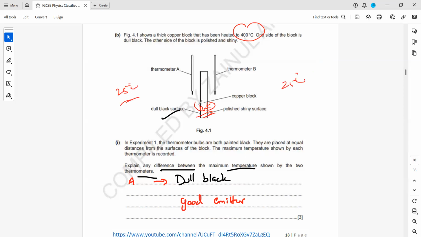Heat energy always transfers from a hot object to a cold object. In this case, because it is already hot, we are not supposed to mention absorber. We have to use the term emitter. Good absorbers are good emitters, but why do we use the term emitter rather than absorber? Because it is already hot, so it will release energy to the surrounding.